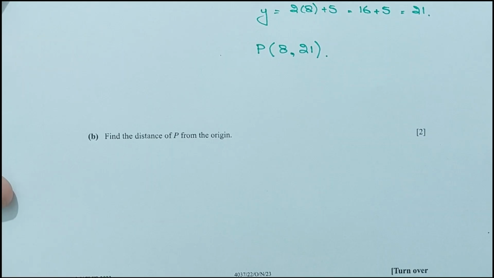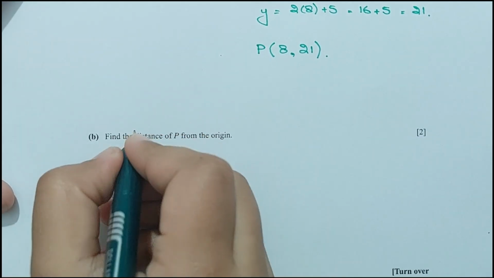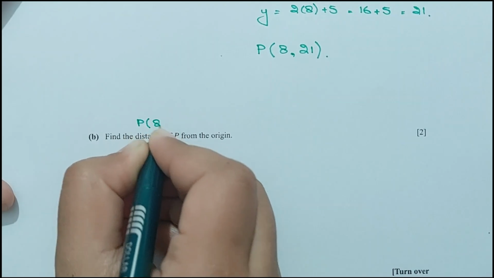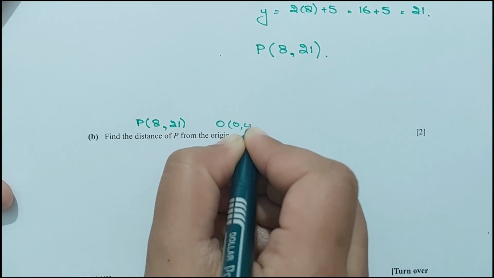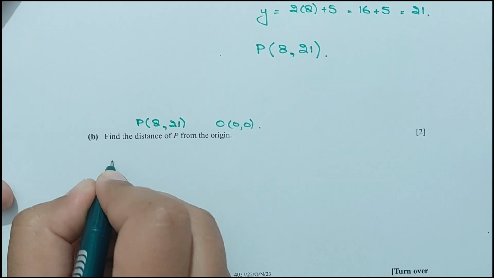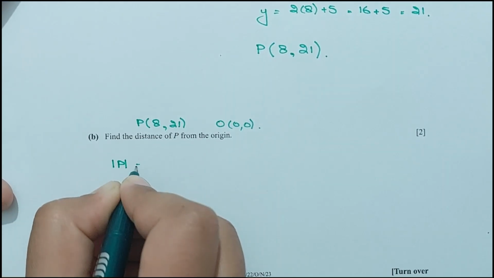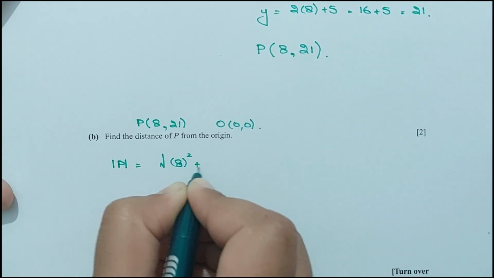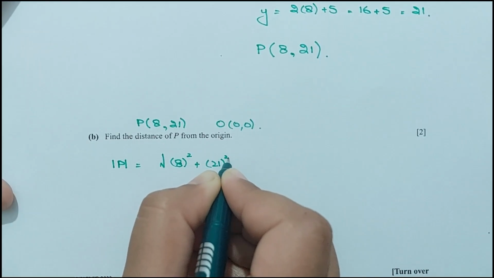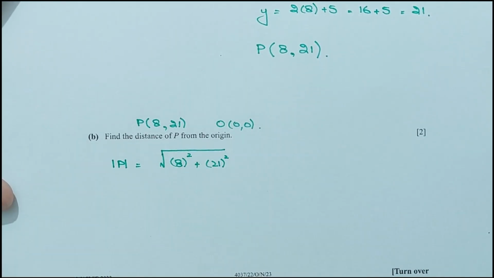Now for part B, find the distance of P from the origin. P is (8, 21) and the origin is (0, 0). So let me solve for the distance of P from the origin, which is the square root of the x coordinate squared plus the y coordinate squared.